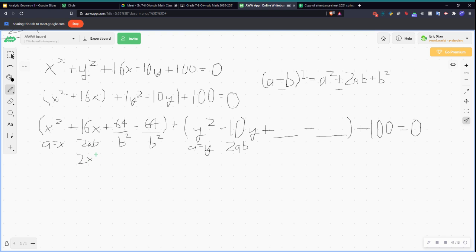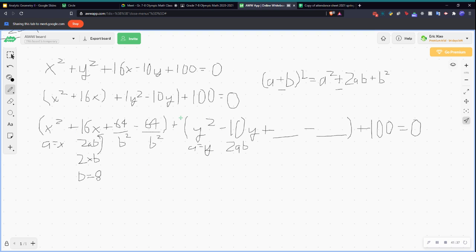If we want 2xb to equal 16x, that means b would have to be equal to 8. So we have 2x times 8, that would give you 16x, right? And if b is 8, then b squared would give you 64, and we have to add and subtract that. So that's how you complete the square for this side.